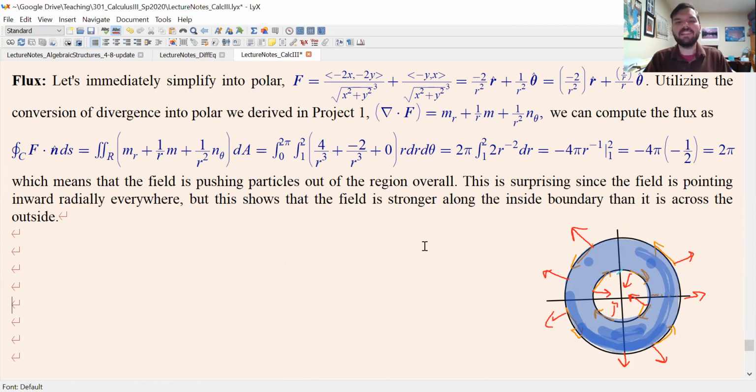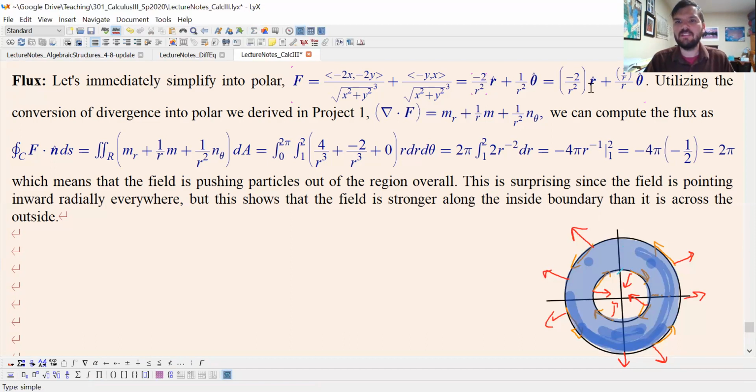So immediately simplify into polar. We have our two pieces, a radial piece, the x component in the x direction, y component in the y direction. Again, they're the same coefficients. Very nice. Pull that out. We have 3 copies of the radius in the bottom. We need 1 for a unit vector, and so we have 2 left over. So there's our m term.